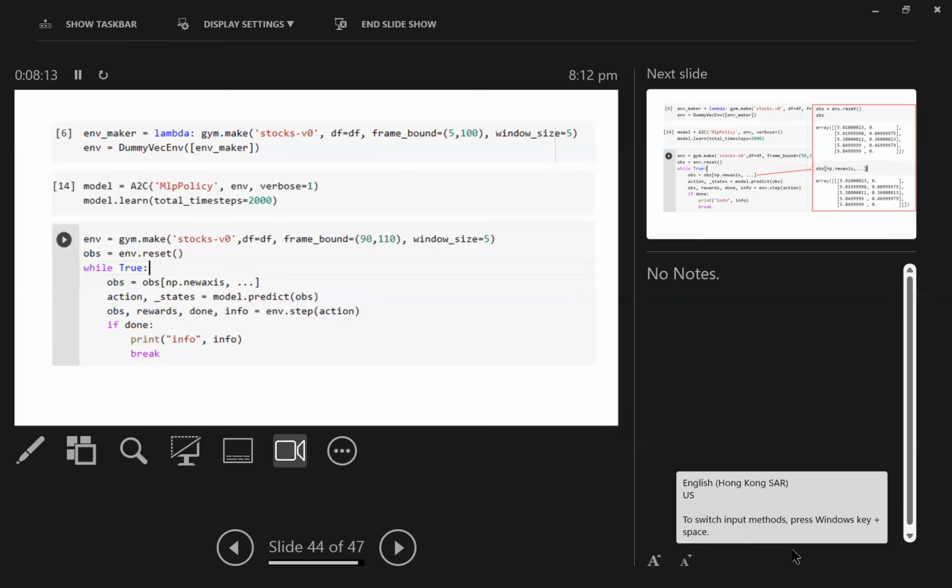In our previous example, this was used only once because we had only one environment, so we just created it ourselves. But here, instead of actually creating it, we implement it as a function, and then we pass the function to this dummy vector environment. That means that by passing this environment maker, which is essentially a function, calling it will get us all the necessary arguments to create the right environment for the group.